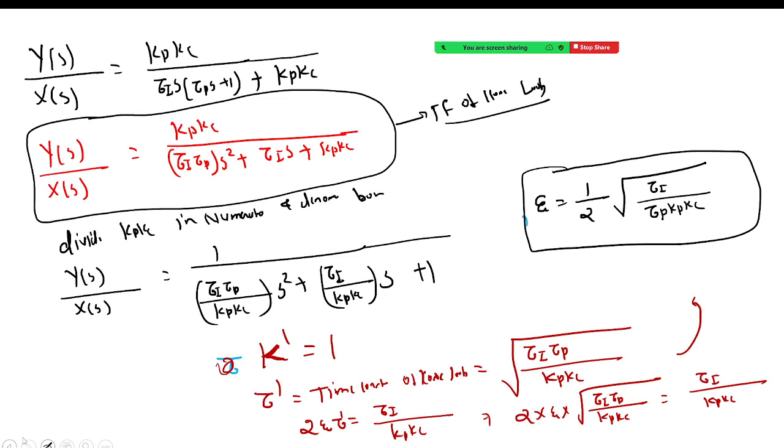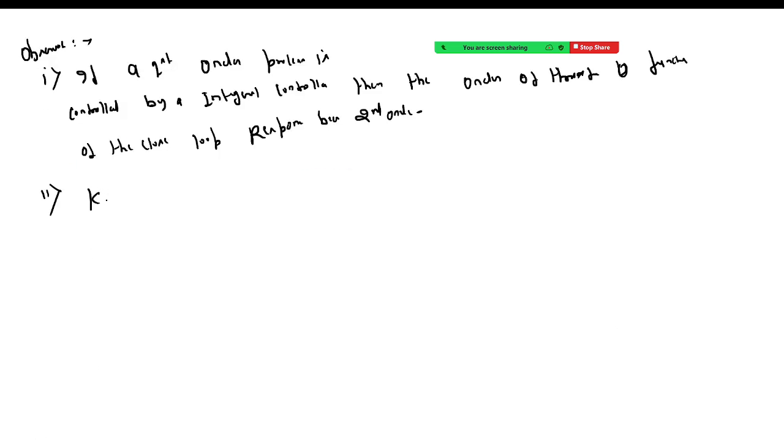Now, the next observation is that our value of what? Tau p dash, tau dash, that is k, k dash is equal to 1. Third one, tau dash is equal to root over tau I tau p upon kp kc.